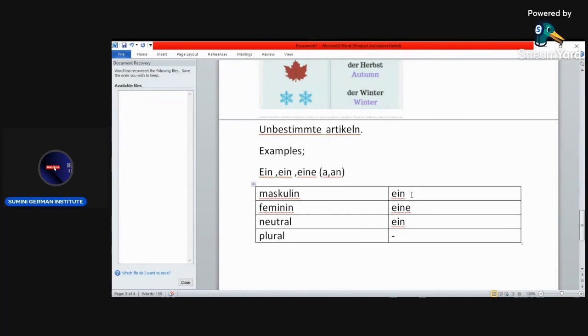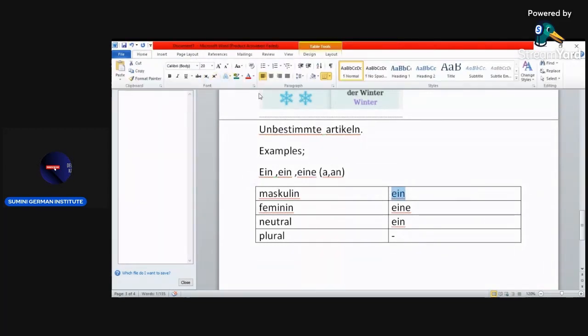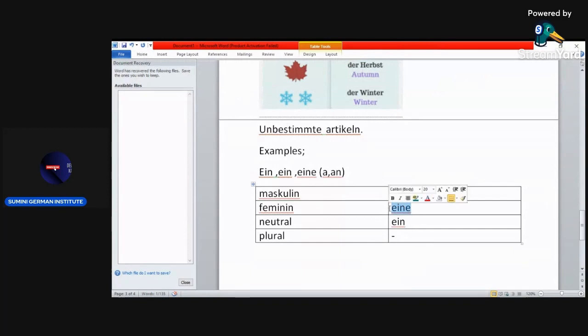So masculine is ein, feminine eine, neutral ein, and in plural there is no indefinite article.